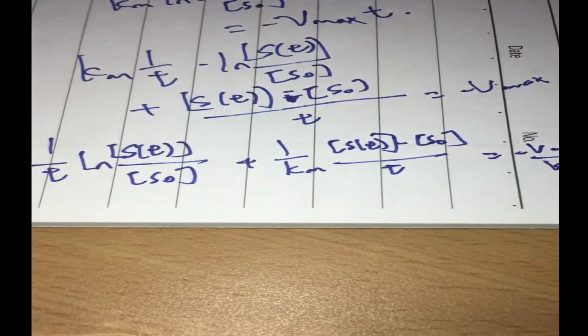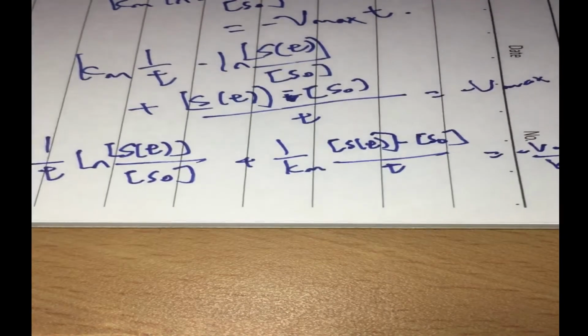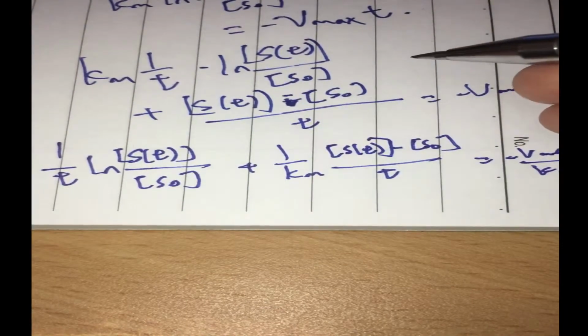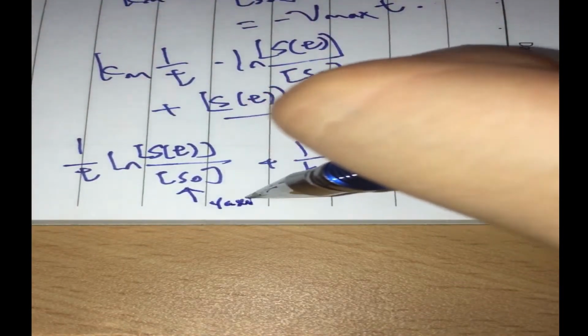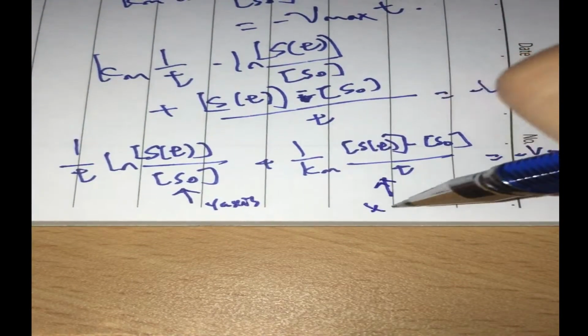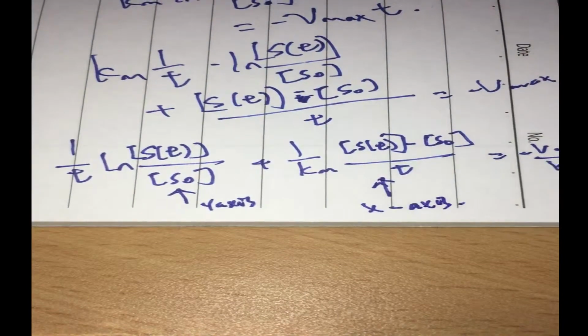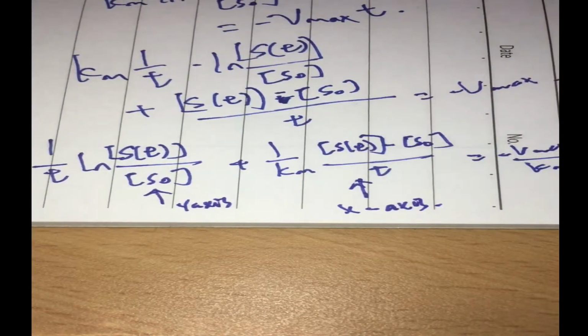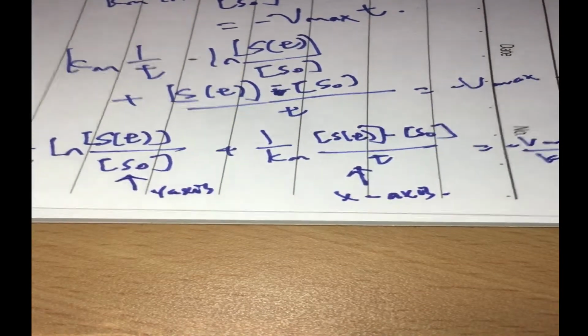So now it's pretty clear what is on the y-axis. This is the y-axis one. This one's the x-axis variable. So we just shift this to the right and we'll be more or less done with the linearization process.